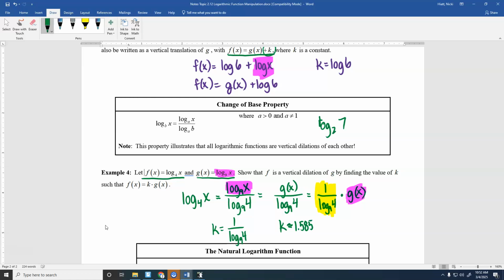So depending on whether it's calculator active or not, you could give either one of those as your answer. Sometimes this may be used not to type stuff into the calculator, but to rewrite it with a different base.